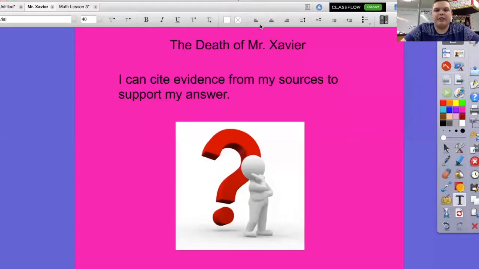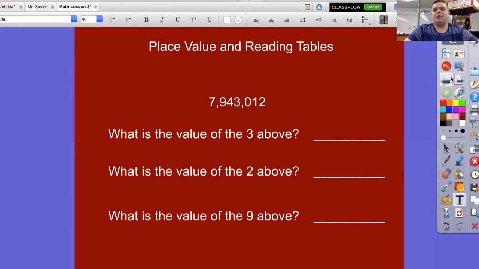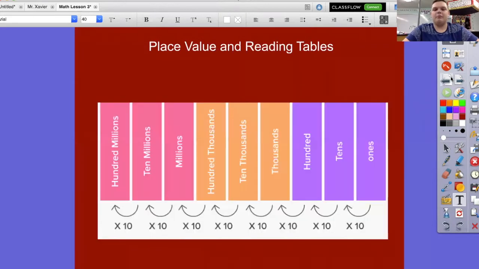So I'm going to share the screen. This is actually my science lesson, so I'll get on to my math lesson. I'll go right to the beginning. Our first two lessons are actually going to be over place value and reading tables regarding place value. So place value is how big a number is.